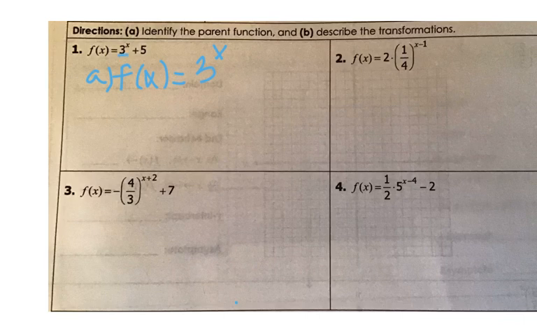So your parent function is this part, which is your base, with your exponent. Now we tell what the transformation is. So look and see what is added to this parent function, what is multiplied to this parent function, anything that makes it different. And the only thing we have here is this plus 5, meaning that it's going to go up 5.